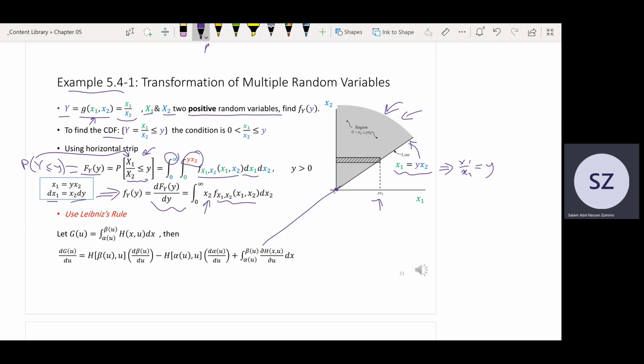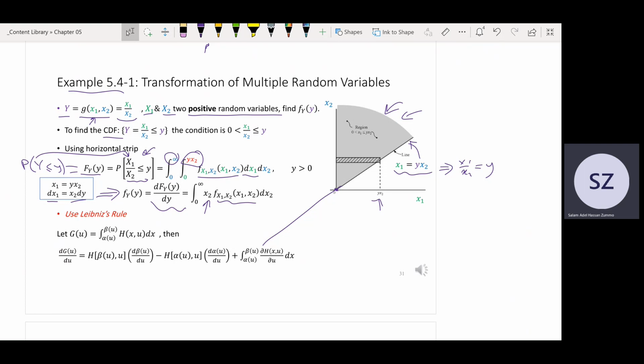Instead of the line x1 equal y x2, you need to define x1 equal y divided by x2, and instead of a line, you have a curve like this, and you need to integrate over everything, which is big. So different functions will give you different setups and different solutions.